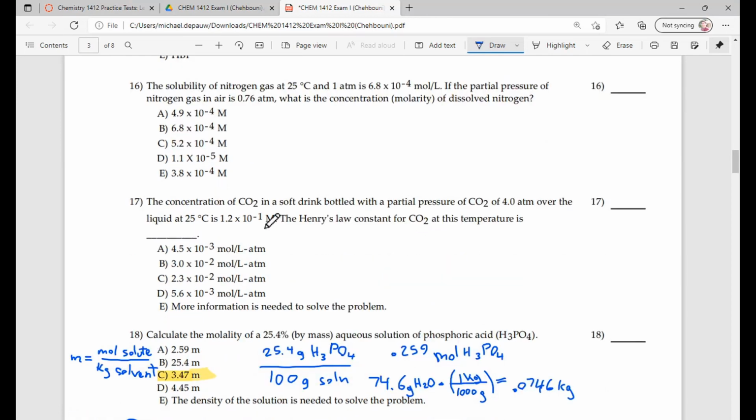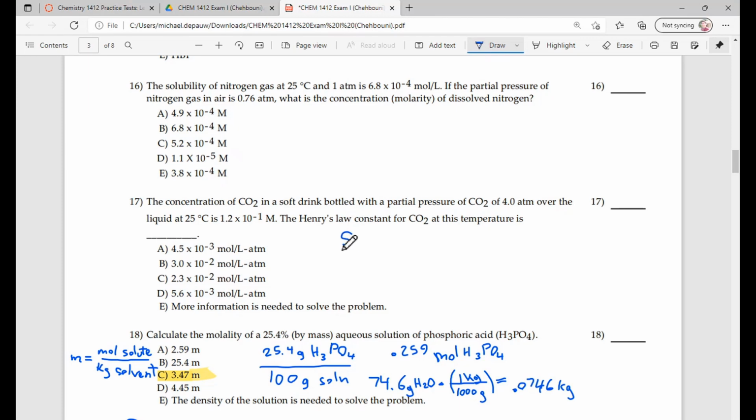Said 17? Okay. It says the concentration of CO2 in a soft drink bottled with a partial pressure of CO2 of 4 atm over the liquid is 1.2 times 10 to the negative 1 molar. The Henry's law constant for CO2 at this temperature is what? So in this case, this is just about knowing Henry's law.